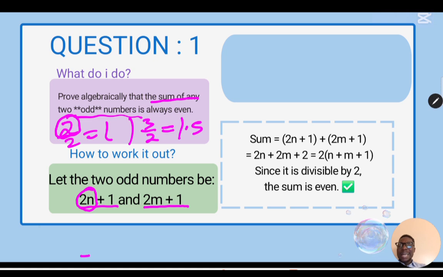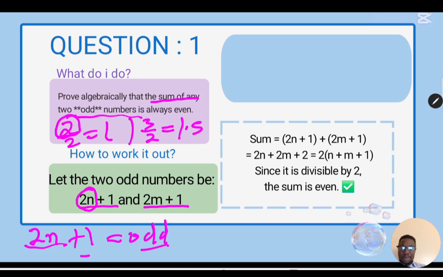By the time you add 1 to any even number, it becomes an odd number. That is why we say that we should let the first one be 2n, which is an even number, then plus 1. Plus 1 means because we added 1, it has turned to an odd number. The same way, if I say let's have 2m, whatever m is, even if it is an even number, multiplied by 2, it will still remain as an even number.